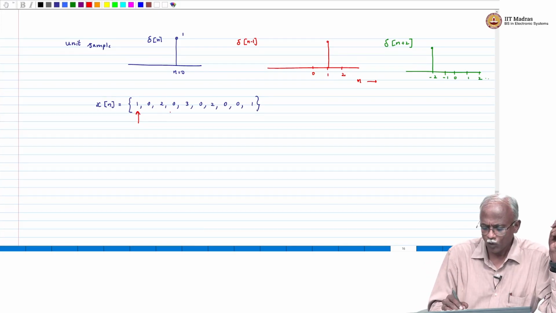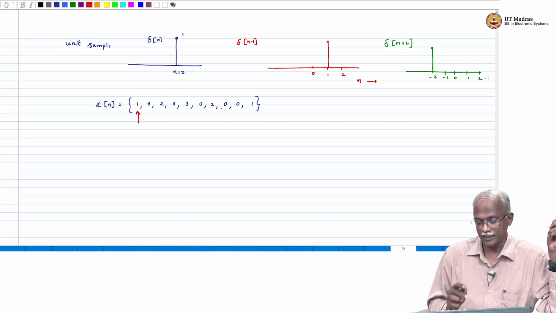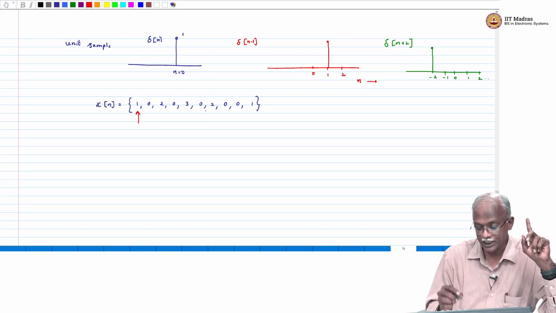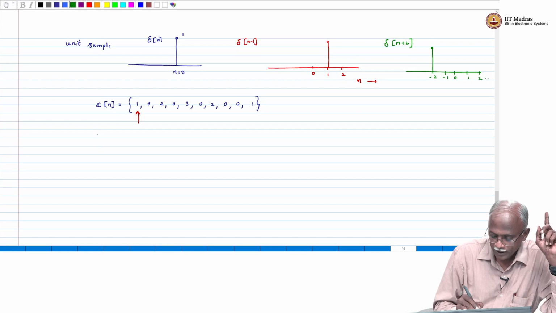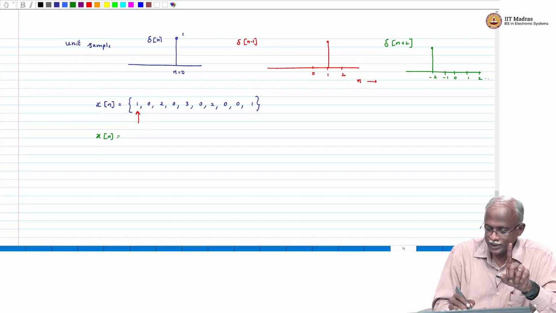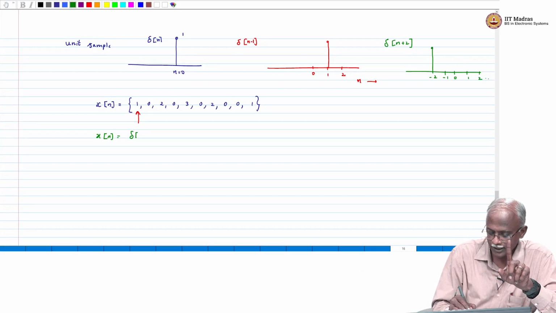One way to describe this signal is x of n: there is a unit sample function at time n equal to 0, so you say there is delta of n that corresponds to it.